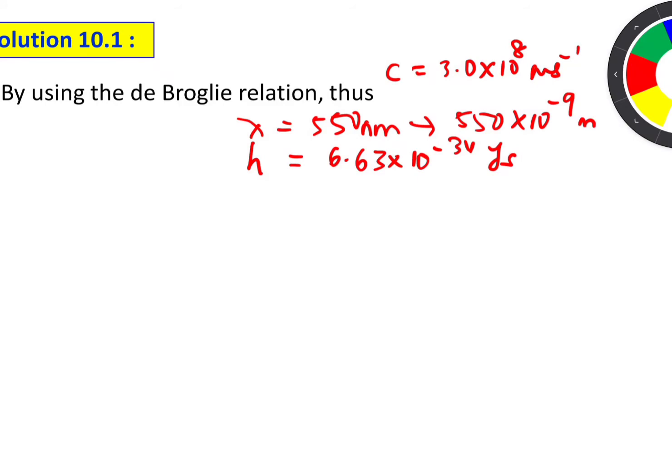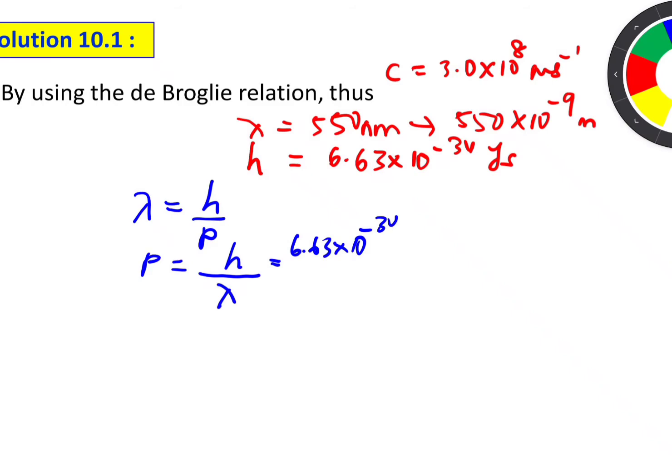So by using the de Broglie relation, kita tengok apa formula dia. Formula dia adalah lambda is equal to h over momentum. So momentum is equal to h Planck constant divided by lambda. So tengok maklumat yang dah bagi, 6.63 power of negative 34 divided by 550 nanometer.